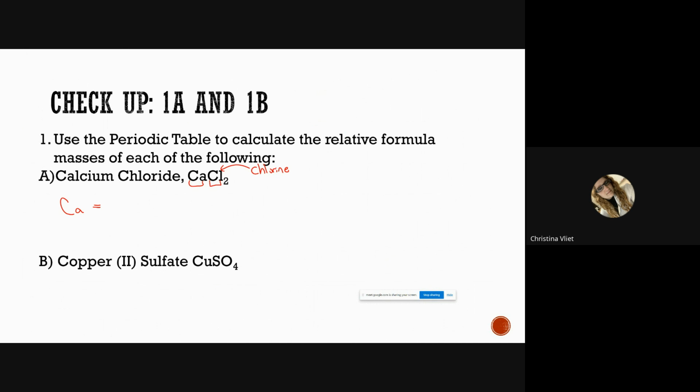Take the amount of each element and multiply by the atomic mass on the periodic table. So if I have 1 calcium and each calcium has a relative atomic mass based off of carbon of 40.1, then I will use that.